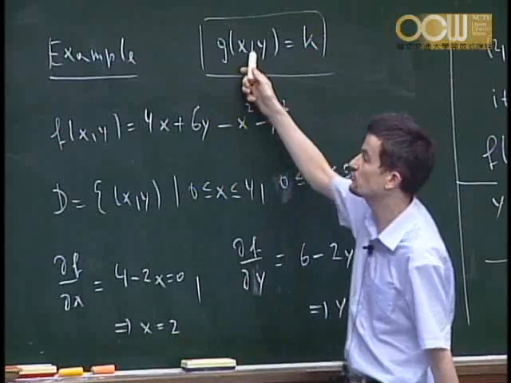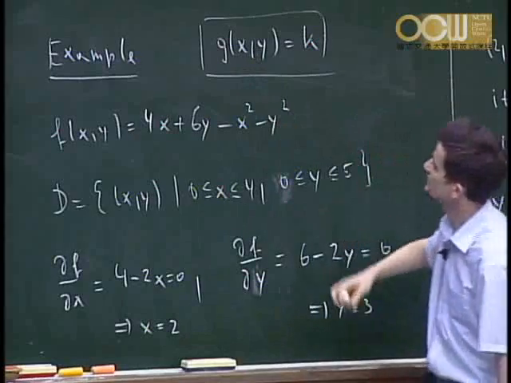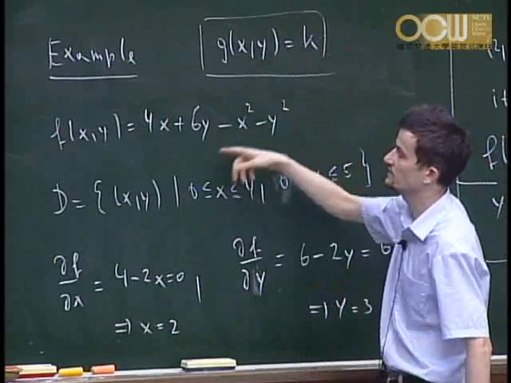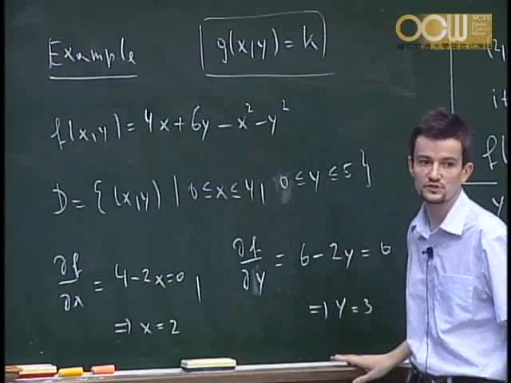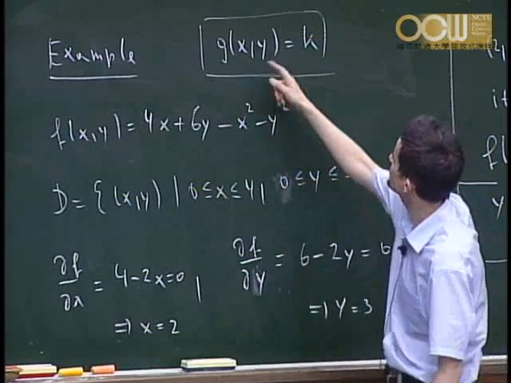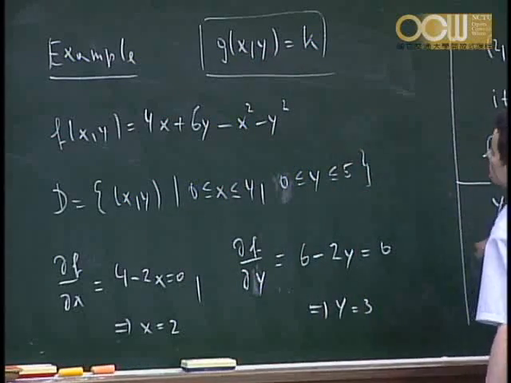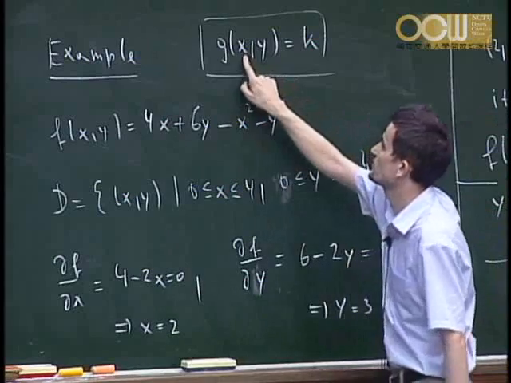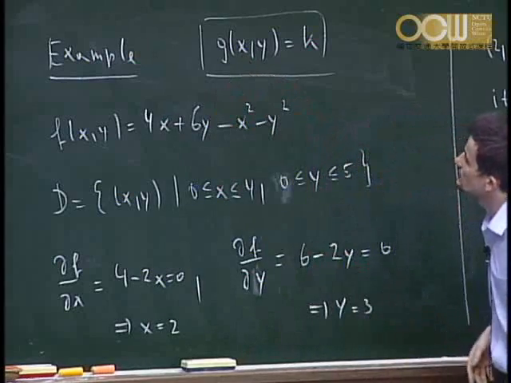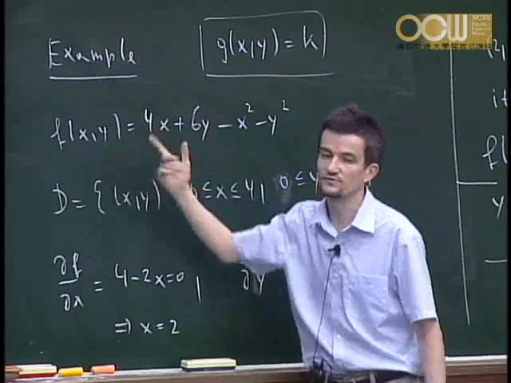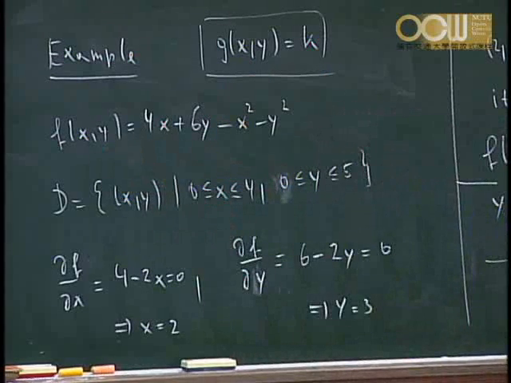In the case where you can solve this for y or for x, it's easy. Then you just plug this in, and you have a problem of a function of one variable with some range. If you can solve it for y, and the boundary is closed, then you have some range for x, you replace y, and you use the closed interval method from last semester to find the behavior at the boundary.